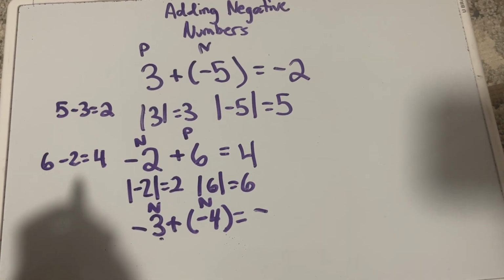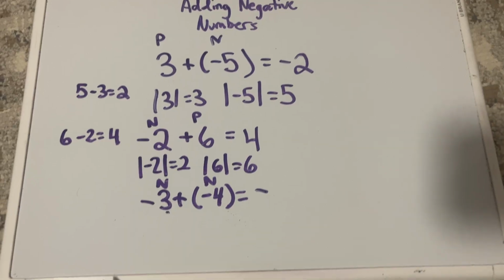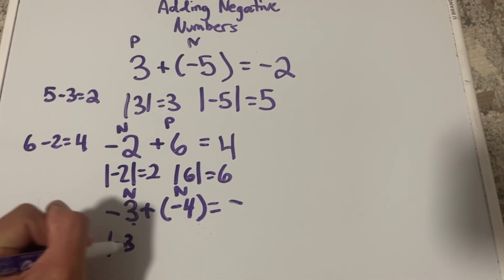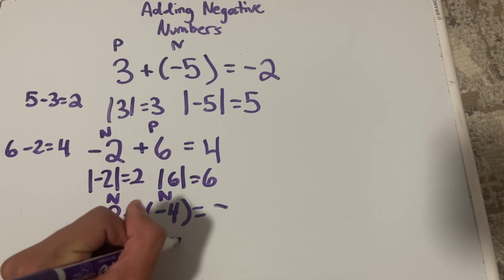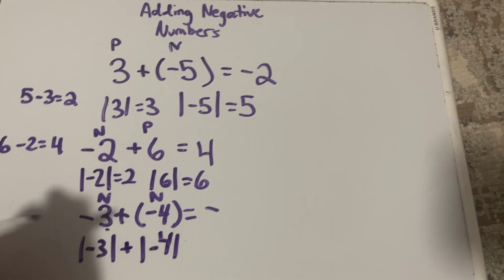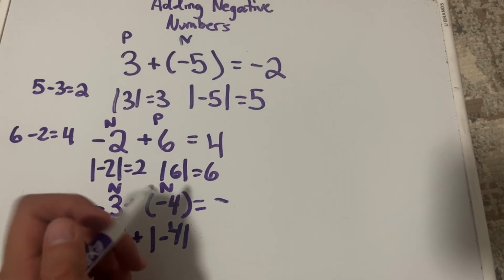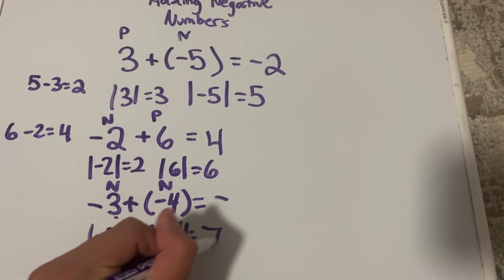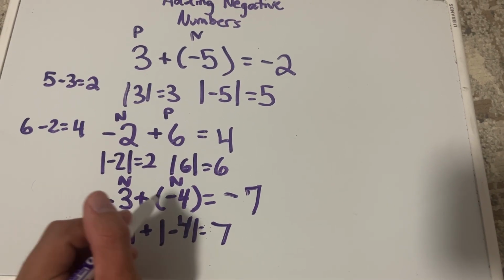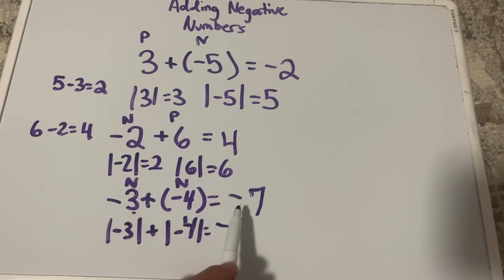And since they're both negative, I can just take the absolute value of both numbers and actually just add them together. So that will equal 7. And since we have our negative sign because they are both negative already, we are going to get negative 7 for our answer.